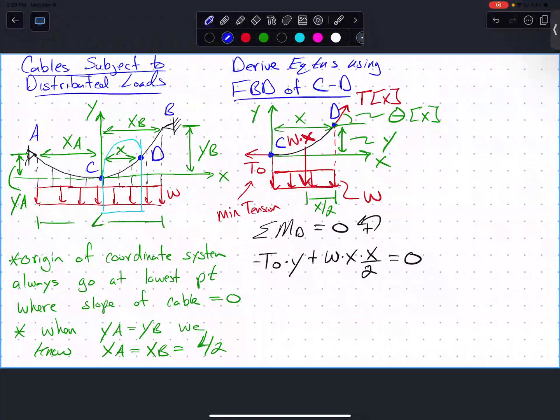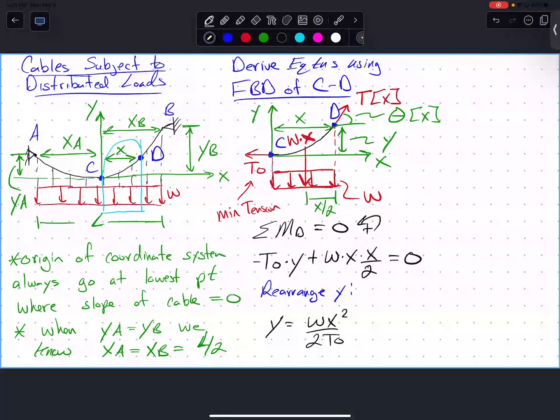Now we actually can rearrange this a couple of different ways. Let's rearrange it for Y. If we rearrange this for Y, we're going to find that Y is equal to WX squared over 2T naught. That's one of our equations from our learning objectives. And that's a pretty nice looking equation, isn't it?